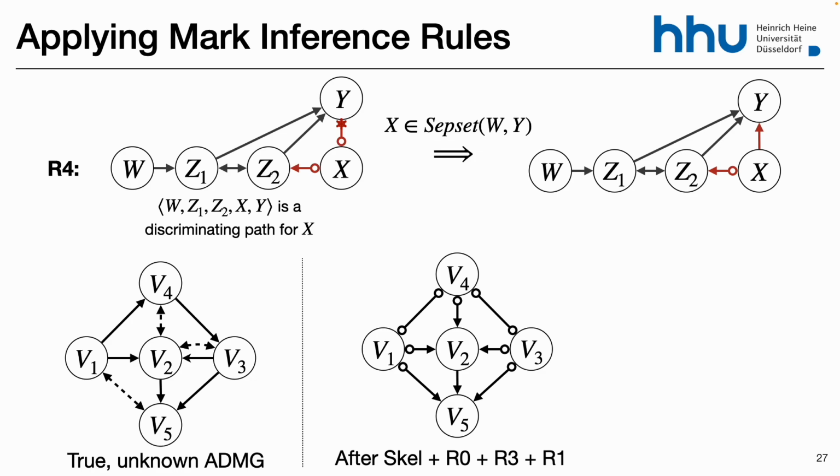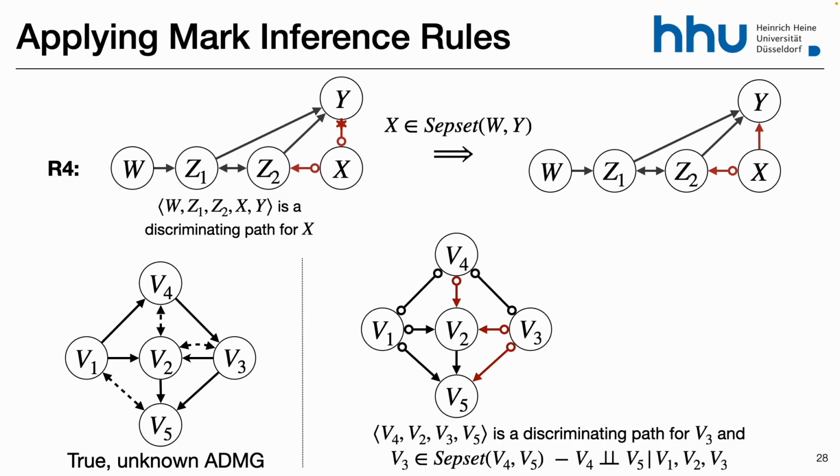That is this collider path where the collider is a parent of it. So this discriminating path tells me what's the status of this triplet. We just need to check if V3 was part of the separating set of V4 and V5 or not. And I guess it's here. So V3 is part of the separating set of V4 and V5.